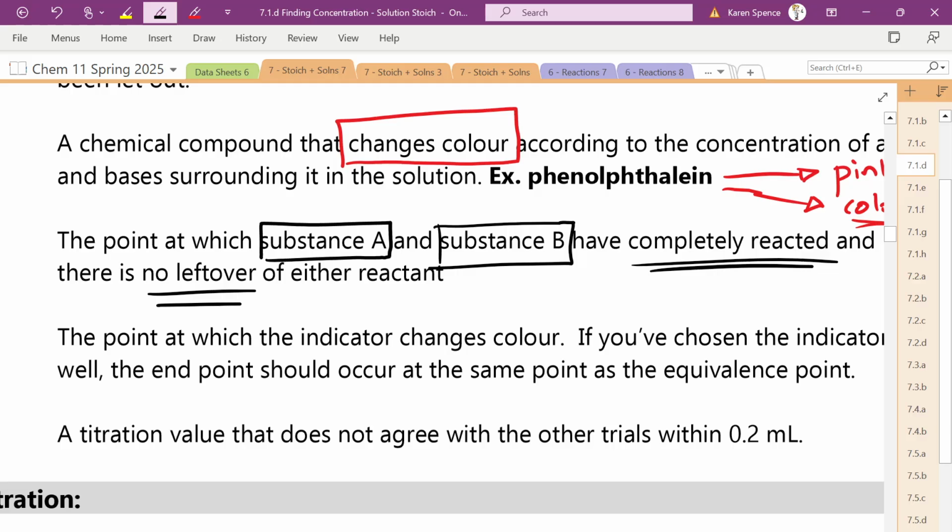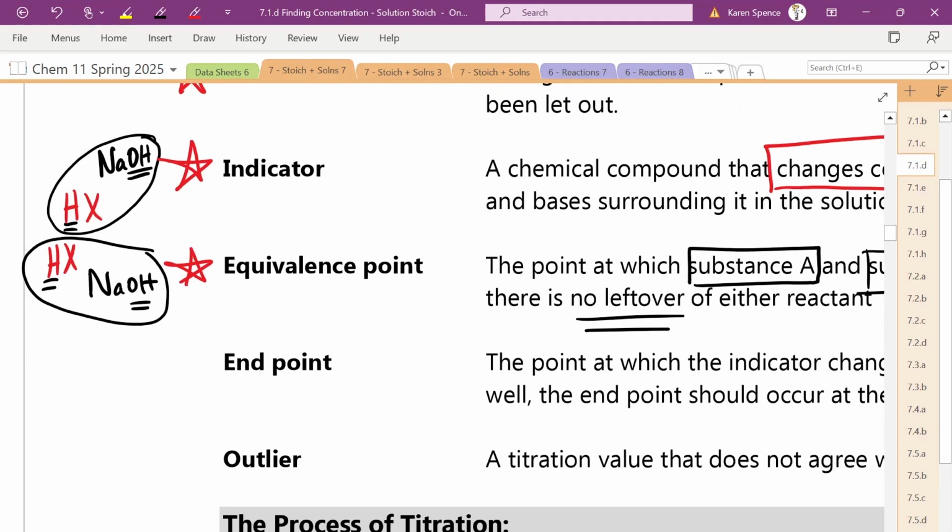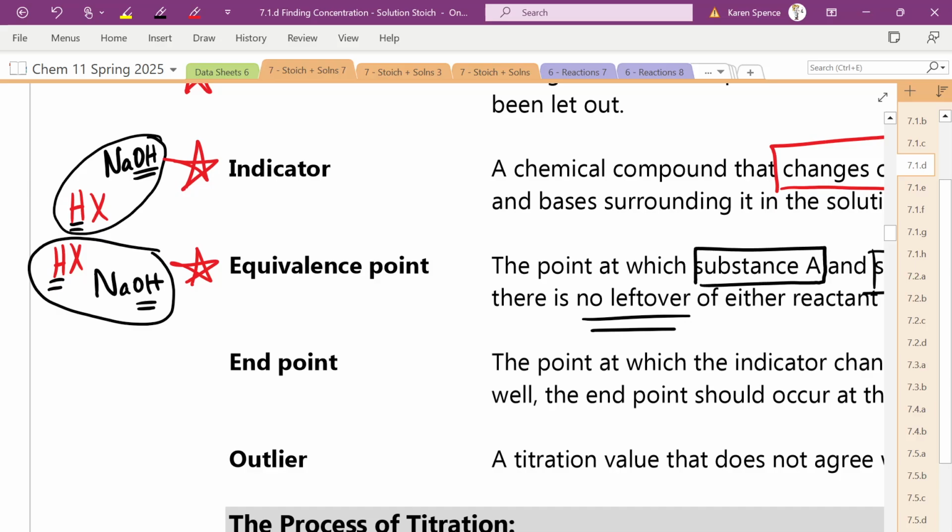There's a little bit of margin of error, and obviously we use moles rather than single particles. We have to decide when the indicator has changed color. How do we know that we've hit the equivalence point? When we've neutralized it all, that's when the indicator changes color.